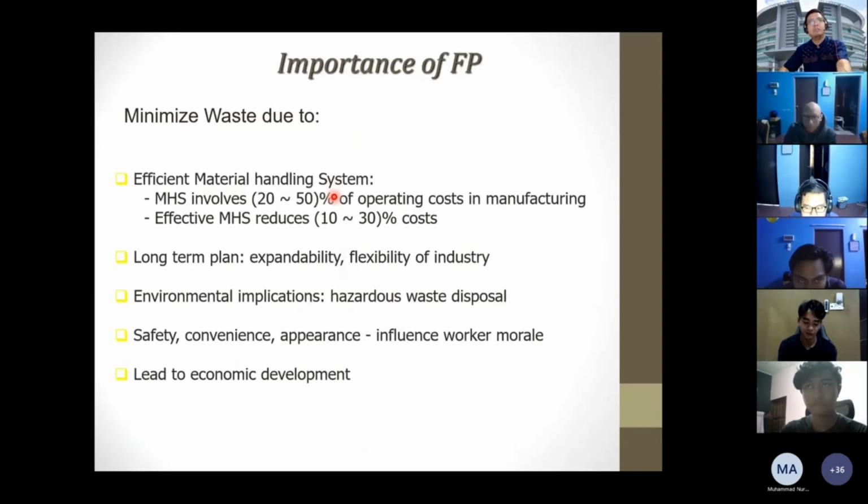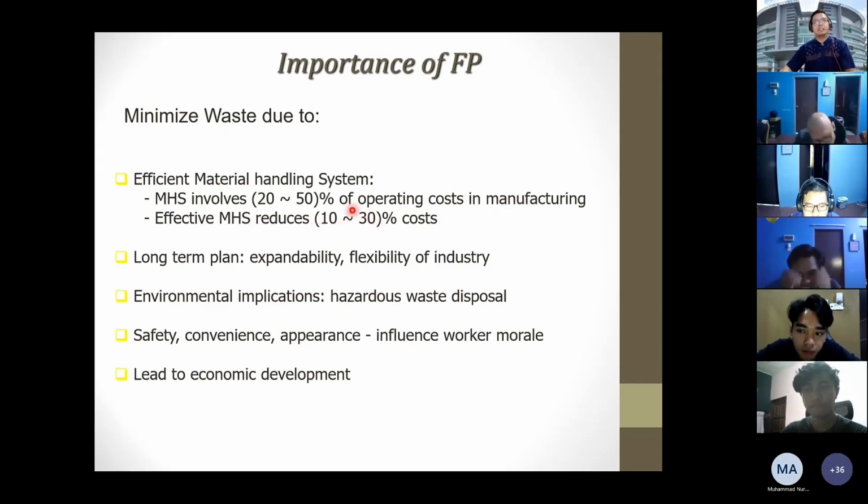So what is important for facilities planning? First, we want to minimize waste through an efficient material handling system, or MHS. Material handling involves 20-50% of operating costs in manufacturing, so an effective material handling system can reduce costs by about 10 to 30%.